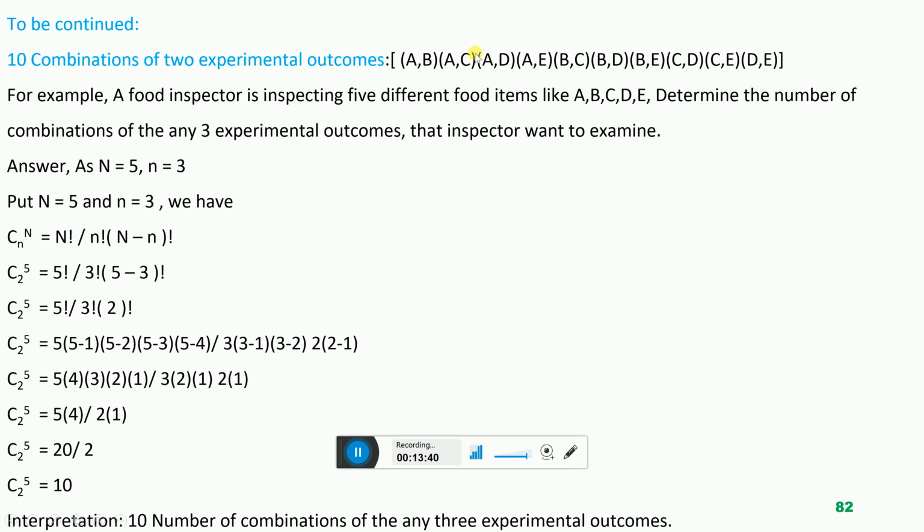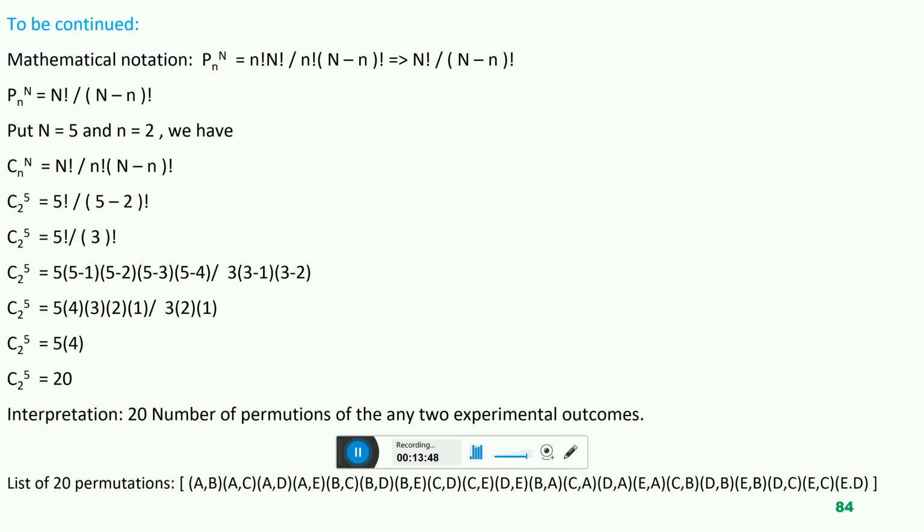Why 20? Because in permutation we only disorder the combination of objects. Again AB, AC, AD, AE up to DE. These are the 10 first permutations, but when we disorder these, like AB, we disorder to BA.